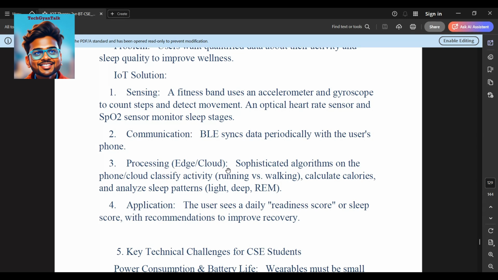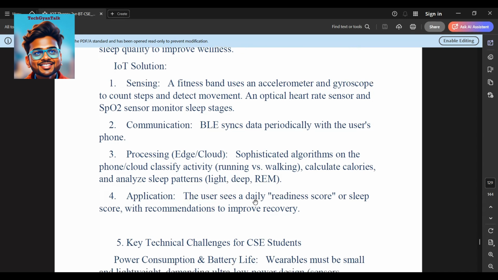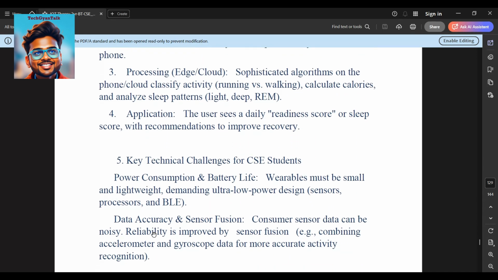For processing, sophisticated algorithms on the phone or cloud classify activity, such as running versus walking, calculate calories, and analyze sleep patterns like deep and REM. In the application, the user sees a daily readiness score or sleep score with recommendations to improve recovery.